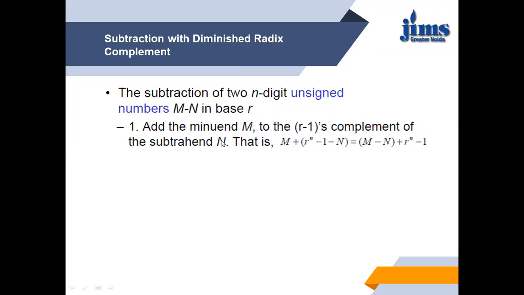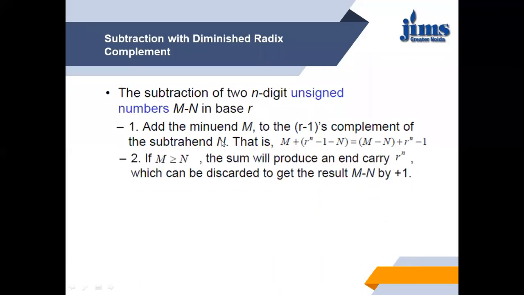That's it. In the next step, if m is greater than n, the process will be the same. The sum will produce a carry, which can be discarded to get the result m minus n by plus 1. Means if there is a carry, we have to add that carry to the sum, and the final result will be m minus n.